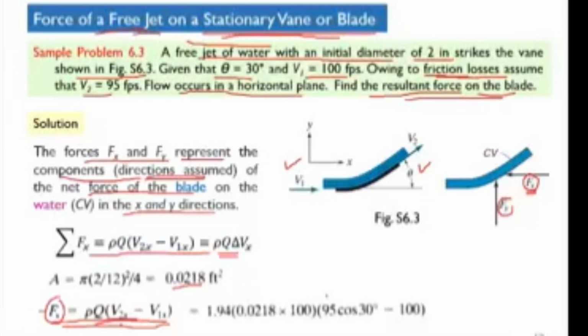So now we just put the values. Again, this V2 you have to resolve into components. So this is your V2 and it makes an angle theta. This will be the two components here. This will be V2 cos of theta, and this will be V2 sine of theta.